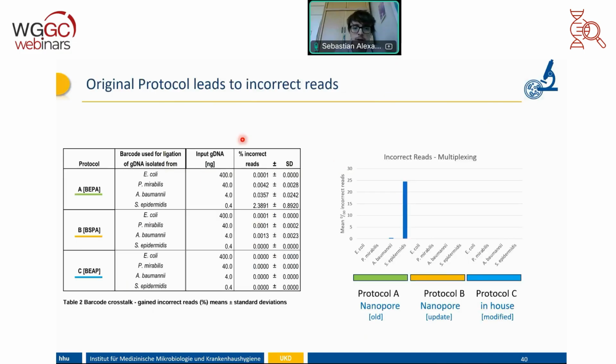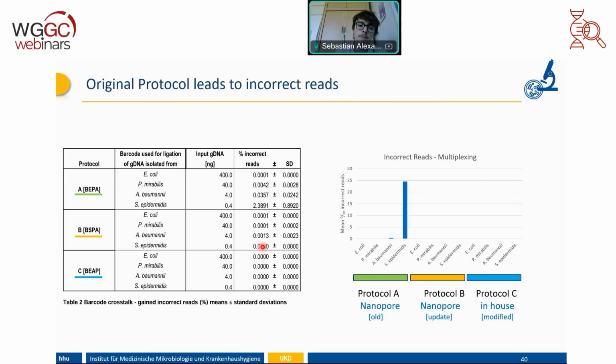And here are the results. So for the old Nanopore protocol, we have up to 2.4% of incorrect reads in our low concentrated sample. And this effect was dramatically decreased by changing the washing buffer, from ethanol to the SFB.